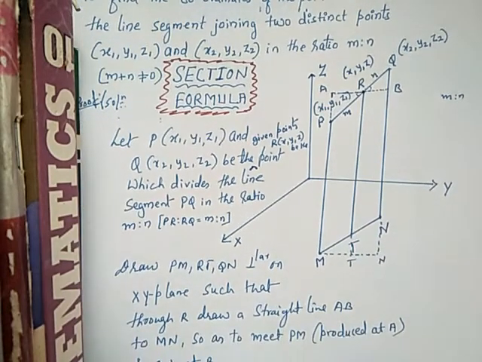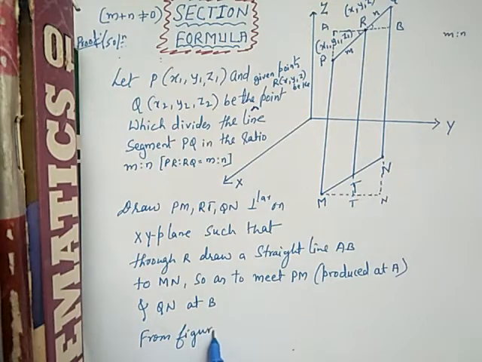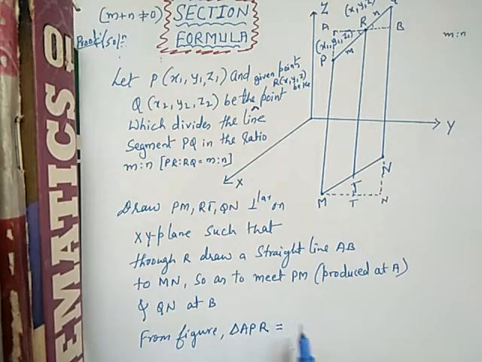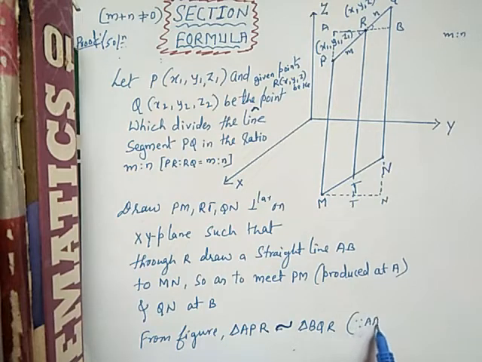So there is no need of any proof, directly you can say from the figure that triangle APR is congruent to, or just you can say similar to, triangle BQR. Similar means congruent means similar. We have studied this in the triangle chapter, so this is by the AA similarity rule.